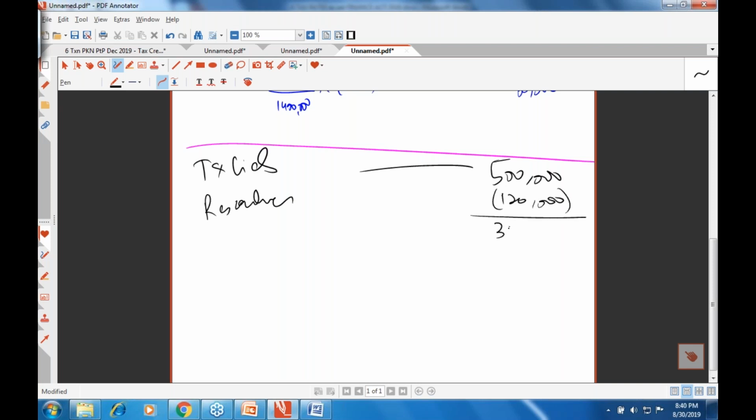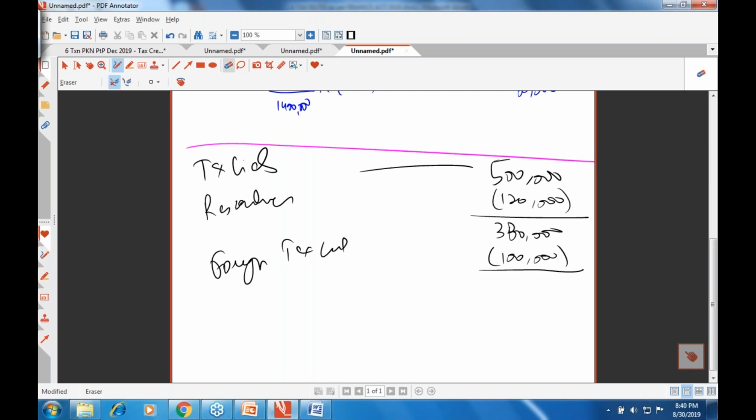Then you had 380,000, and then you had a tax credit, the foreign tax credit, which was, let's say, not 100,000 but 80,000. So you're now left with a tax liability of 300,000. Assume that your taxable income was 2 million.